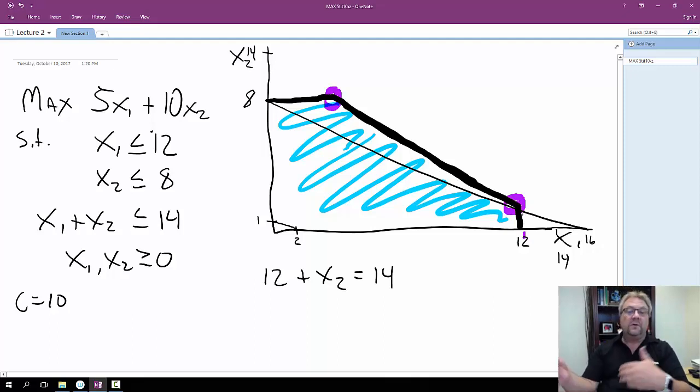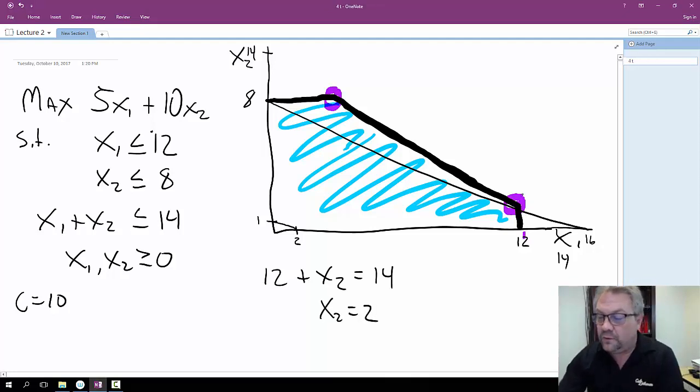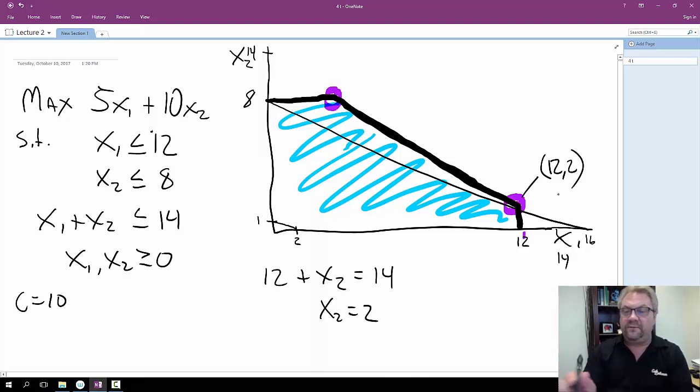So I just substitute x1 equal to 12. Okay, well, the point is, you can clearly see that x2 is equal to 2. So this point here is the point 12, 2. All right?